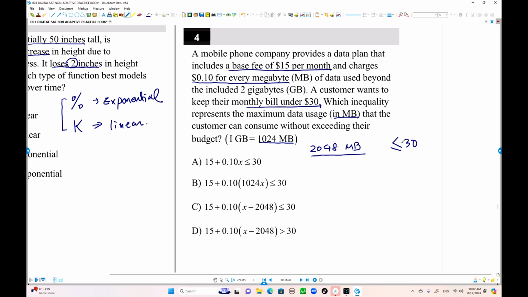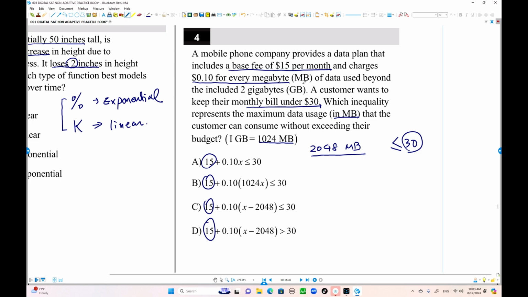It should be less than these numbers. So what is that? $15, up to 2048. If they use more than this 2048, you have to pay an additional $0.1 for every megabyte.